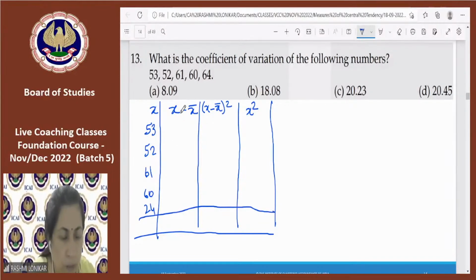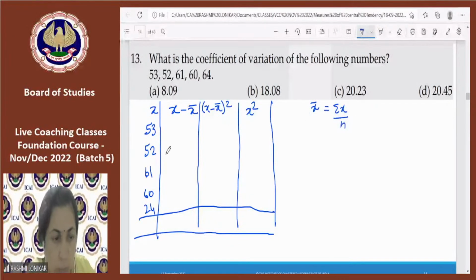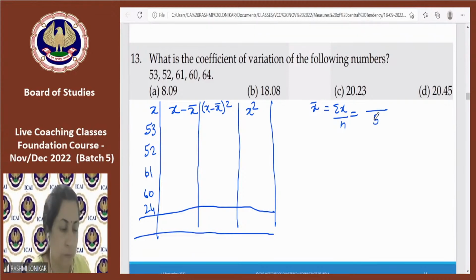Okay. Now x minus x bar. So for that I need to find x bar. X bar is summation x upon n. What is n? 5. What is summation x? Yes, Sakshi.